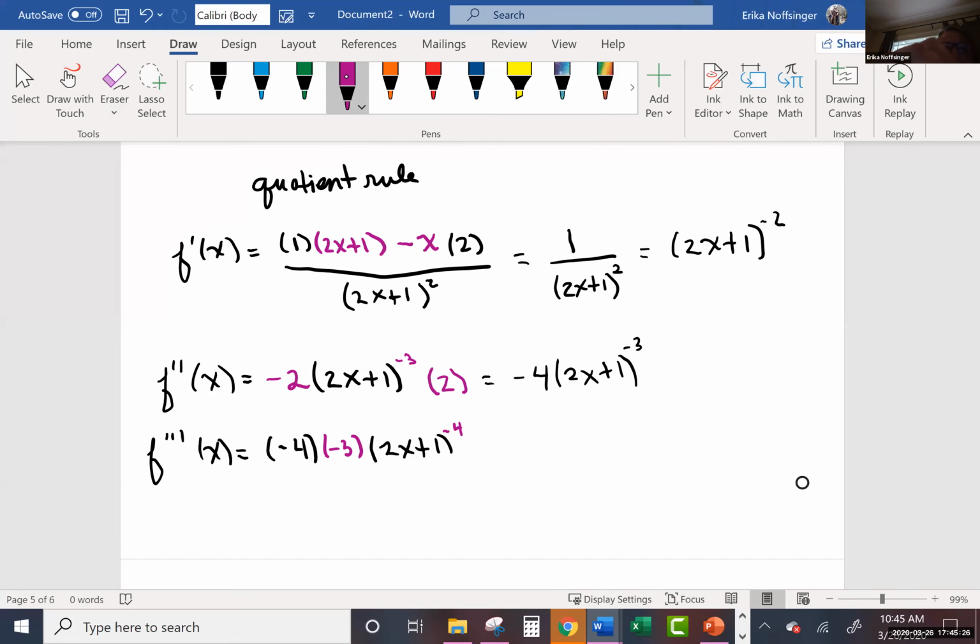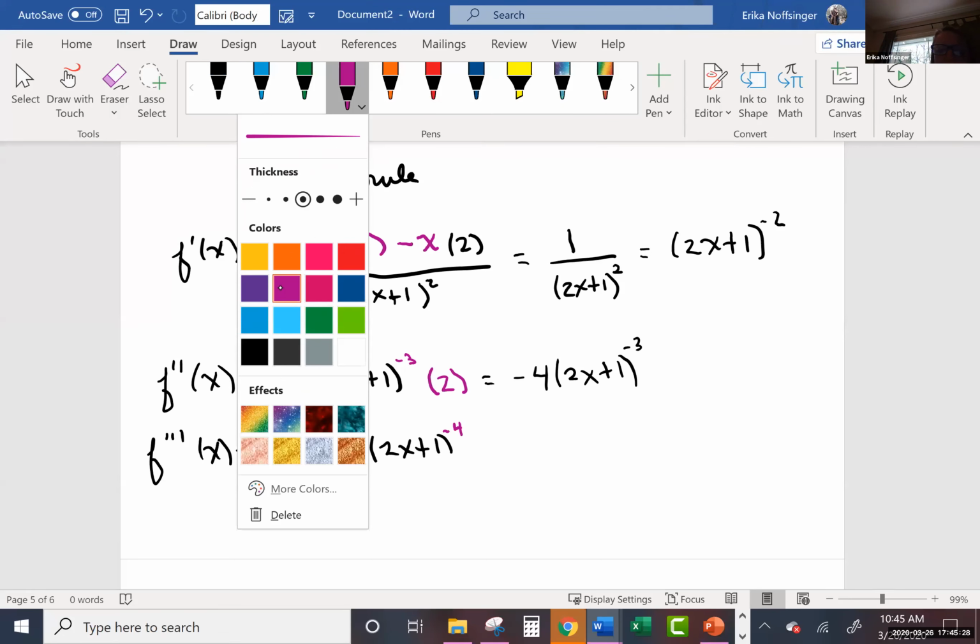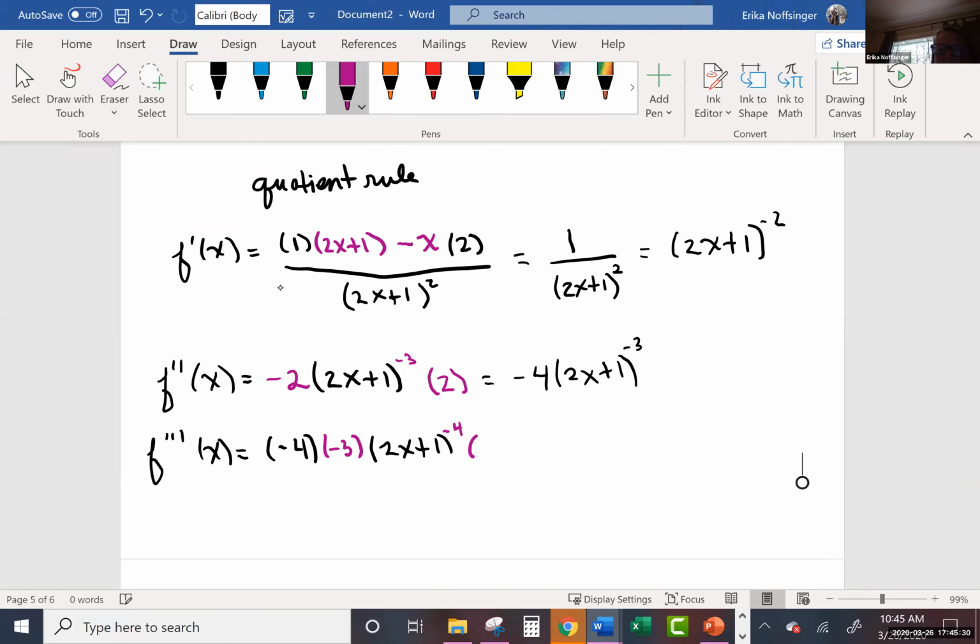Times, and I can't forget to take the derivative of the inside, which is still 2. So let's multiply out. Negative 4 times negative 3 is positive 12, and 12 times this 2 is 24. So I have 24 times 2x plus 1 to the negative 4th power.